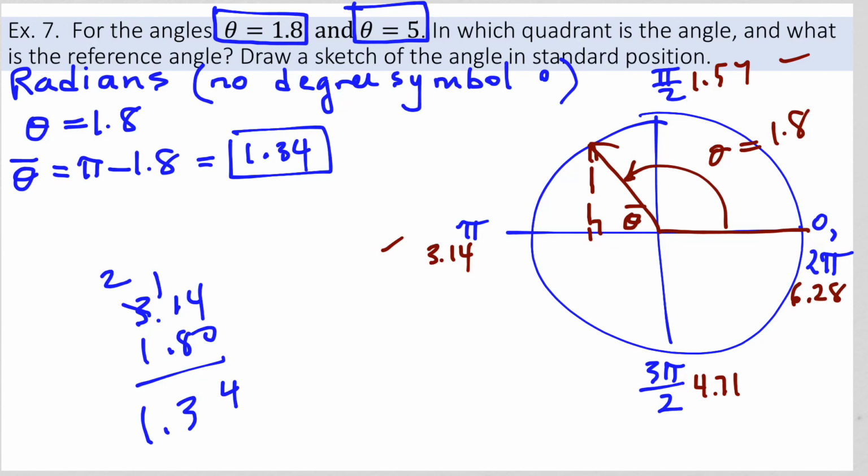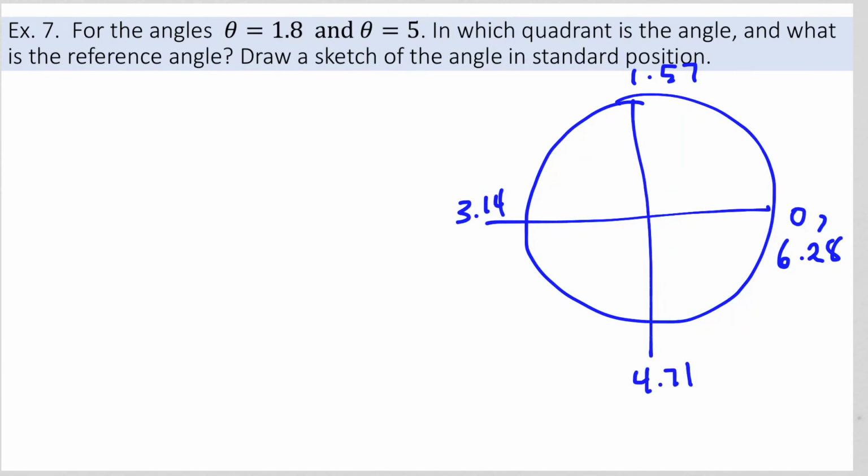Now let's take a look at theta is equal to 5. Okay, once again, I wrote my decimal approximations of my pi numbers, and I'm talking about theta is equal to 5. So this would be my initial side. So I'd have to go around past 4.71. So I'm going to be somewhere around here. So this would be my 5. All right, so if I wanted to find my reference angle, then I would have to drop a perpendicular here. So my theta bar, or my reference angle, is going to be this angle with the x-axis here.